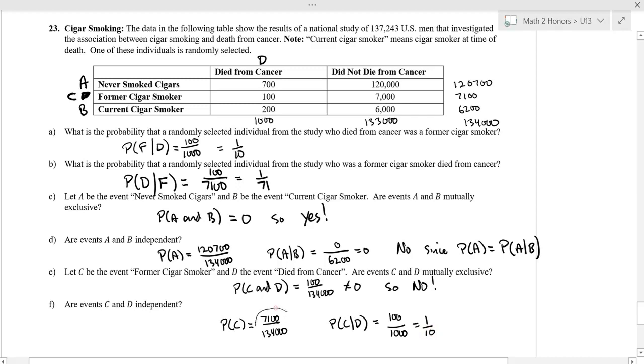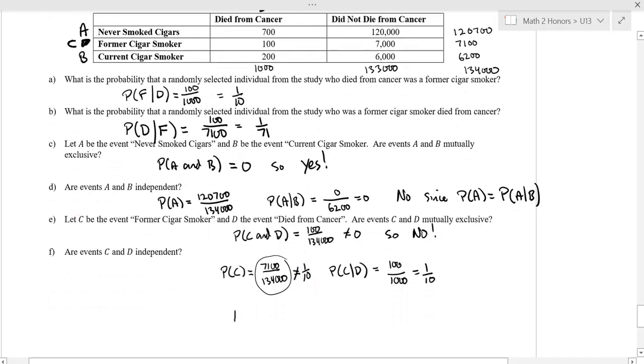And we can already see that C is not going to be 1 out of 10, so they're not equal to each other. So no, since the probability of C is not equal to the probability of C given D.